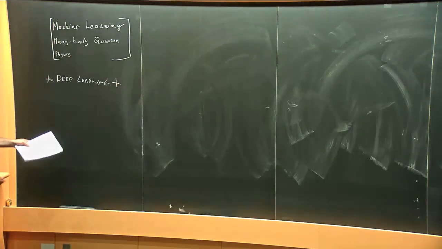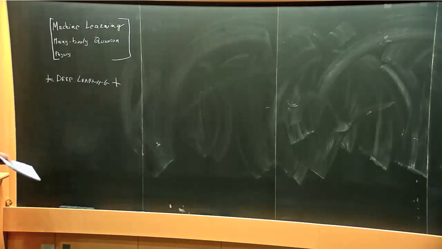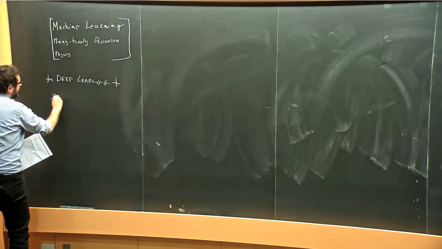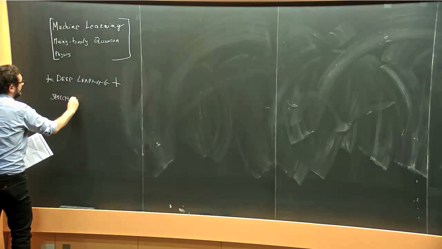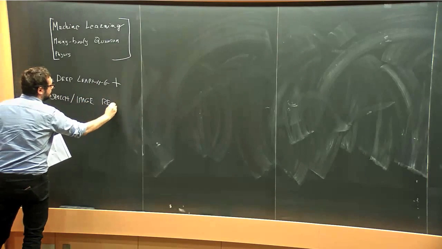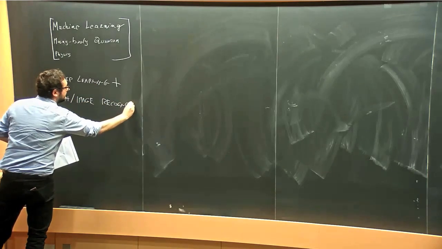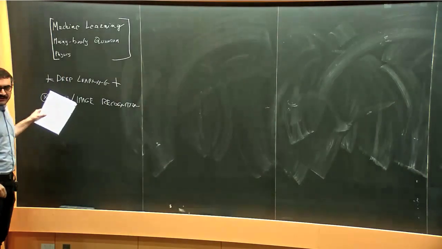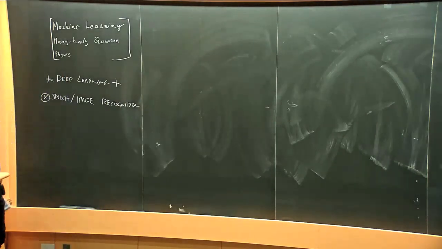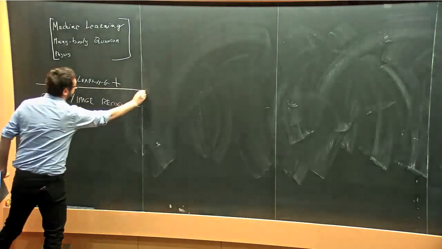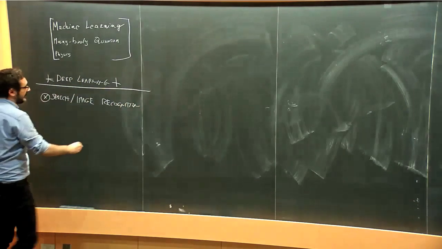But in this case, we know that deep learning in practical applications has allowed us to make substantial improvements on existing state-of-the-art methods, for example, in applications such as speech recognition or image recognition, right? This is one of the applications where we've really seen a substantial advantage in using numerical approaches based on deep networks.